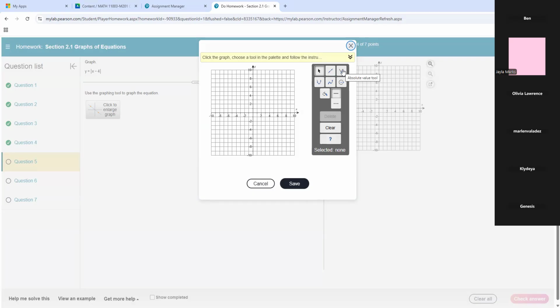But let me tell you one thing about it. You see that little dot in the V right there? When I click on the absolute value tool, it says click to graph to plot the vertex. The vertex is that little dot right there on the V. So let me show you what they mean by that.